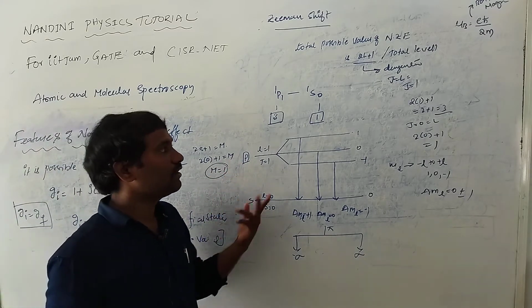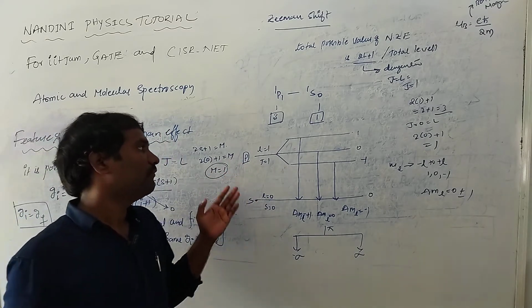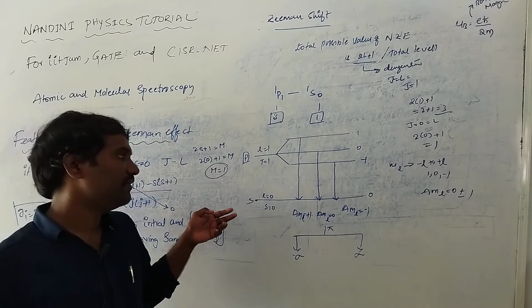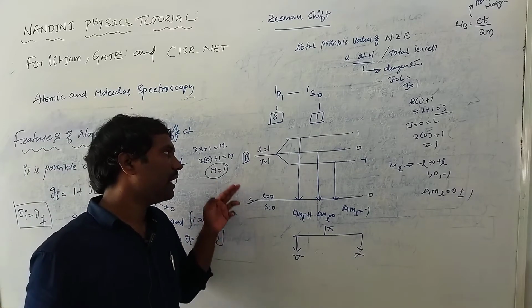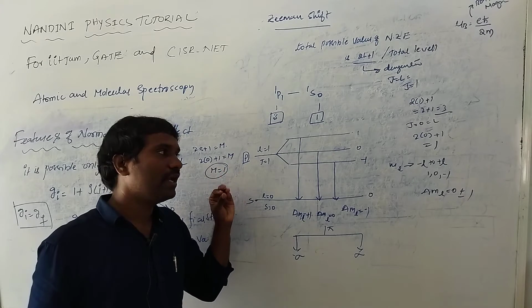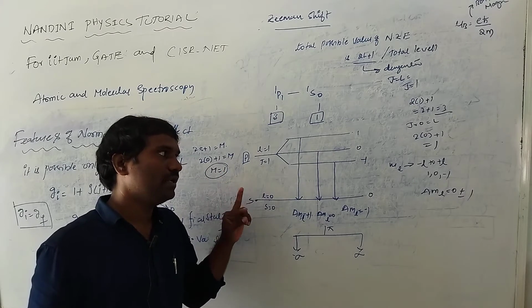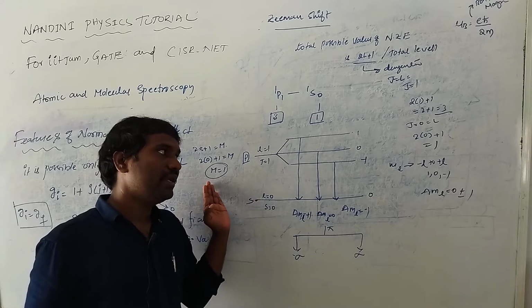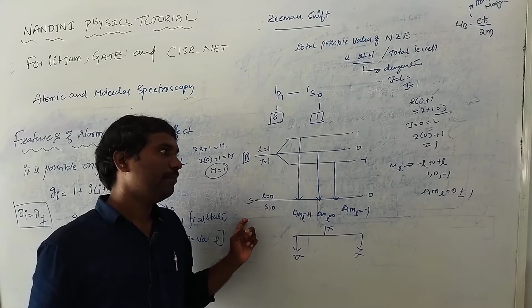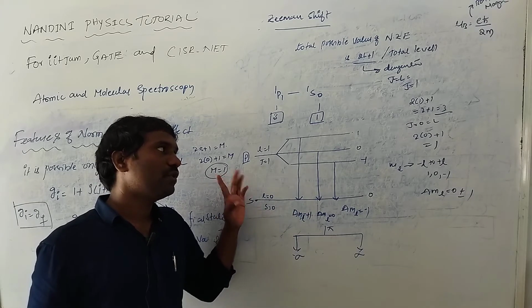You can see another, second example, when D state goes to P state. P state will be splitting into 3 parts and D state will be splitting into 5 parts. Why? Because ML values are minus 2 to plus 2, and similarly for P state minus 1 to plus 1.